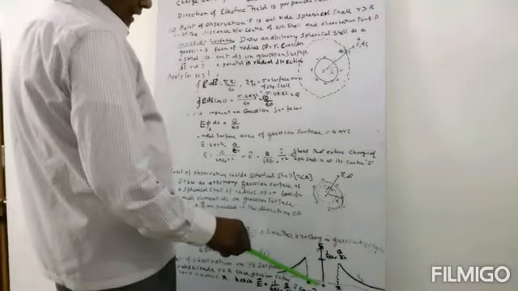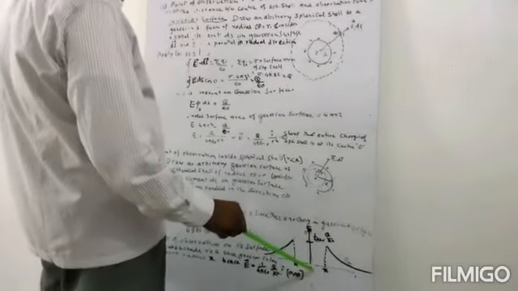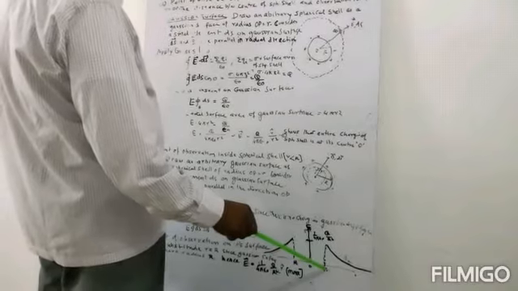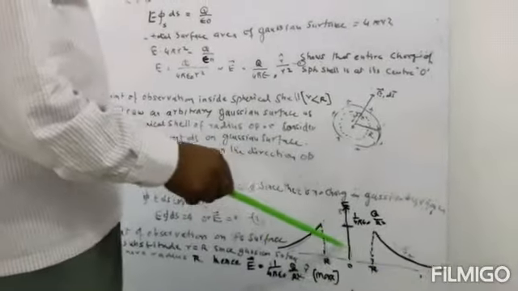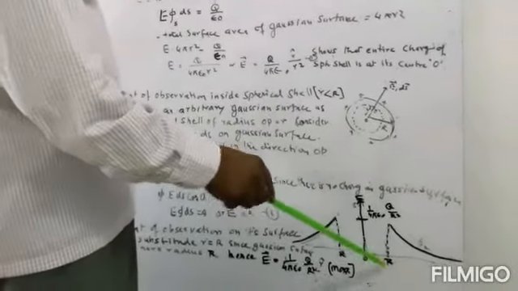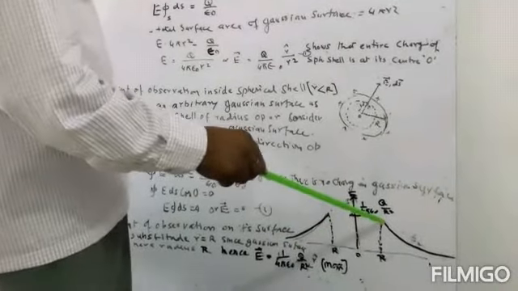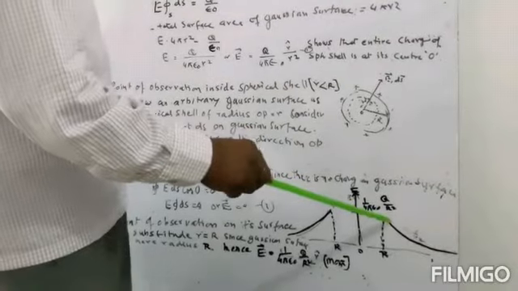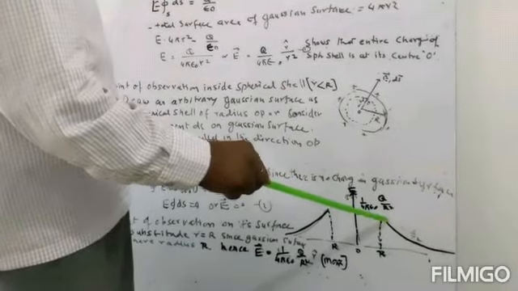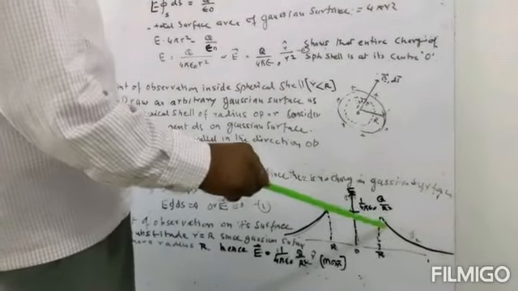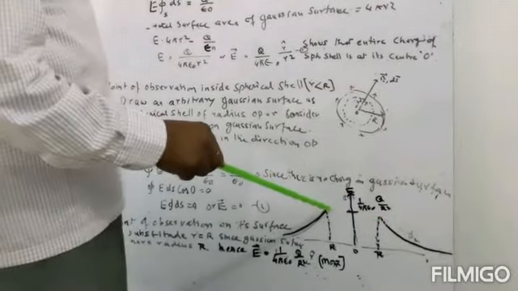Then at the center and up to plus R or minus R, the electrical field is 0. Then at R, electrical field is maximum and equal to 1 by 4 pi epsilon 0 into Q by capital R square. Here also and here also.